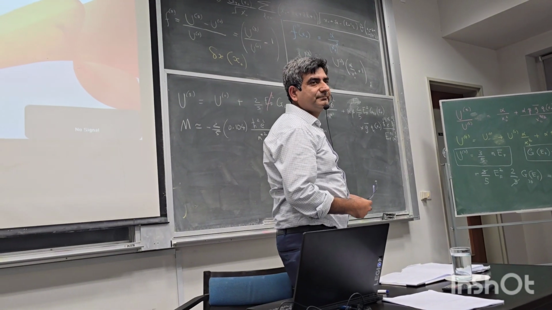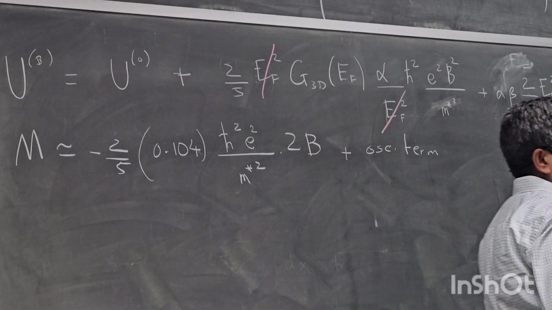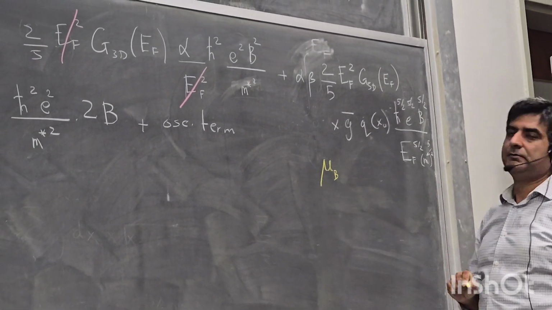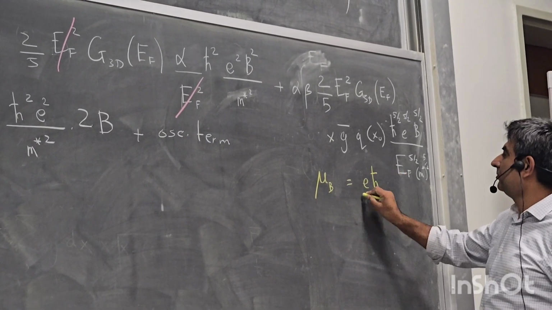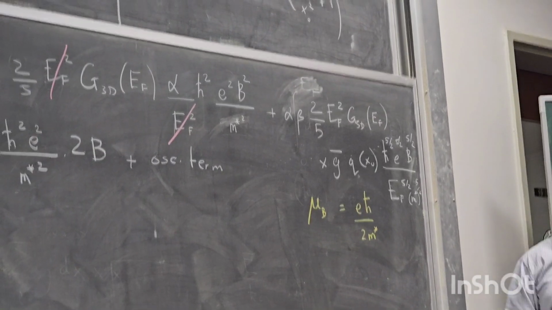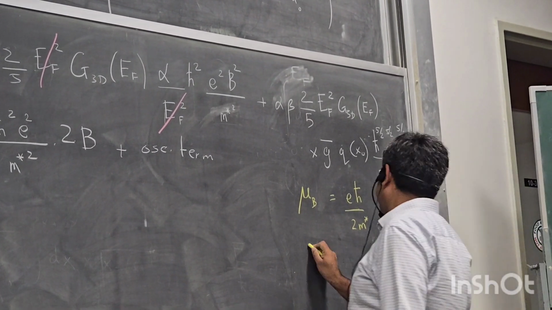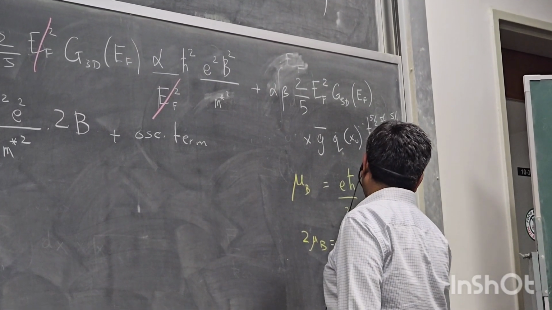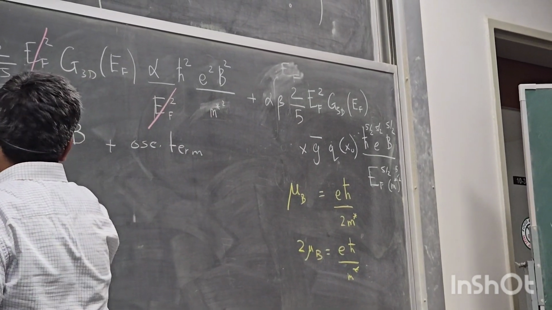Alright? Now this is so beautiful because I can recognize my Bohr magneton mu B is e h bar over 2m. This is my definition of my Bohr magneton. So e h bar over m star is 2 mu B. So this thing is mu B squared.